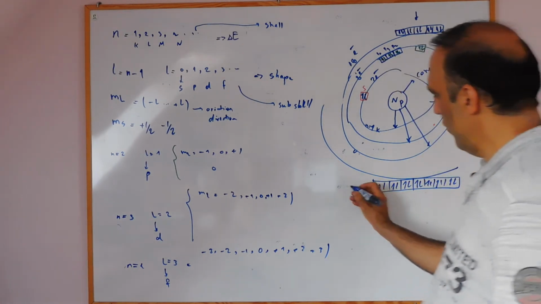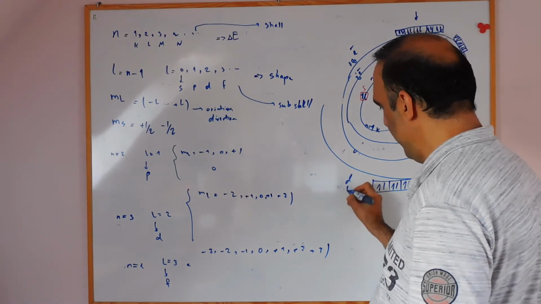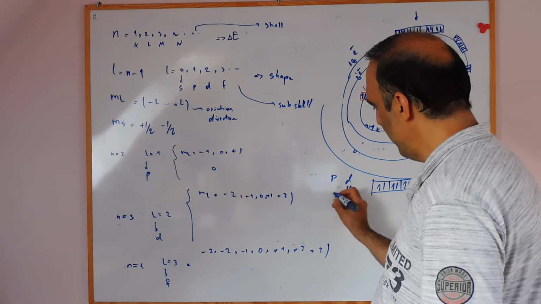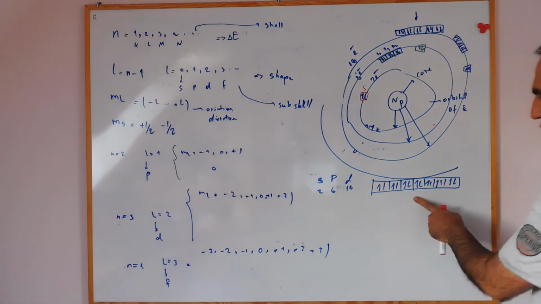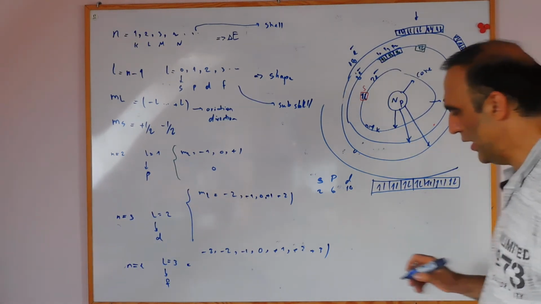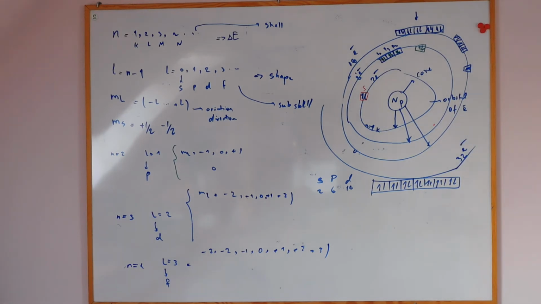Plus also we have the D orbitals with 10 electrons, P orbital with 6 electrons, S orbital with 2 electrons: 14, 20, 32 electrons. In this shell we have 32 electrons, as you see here.